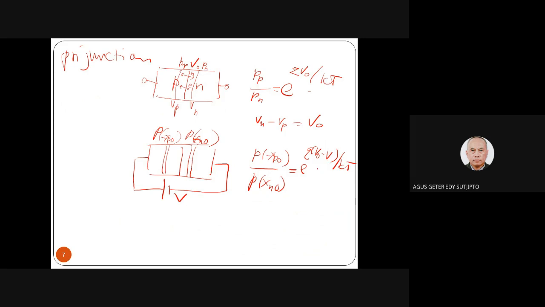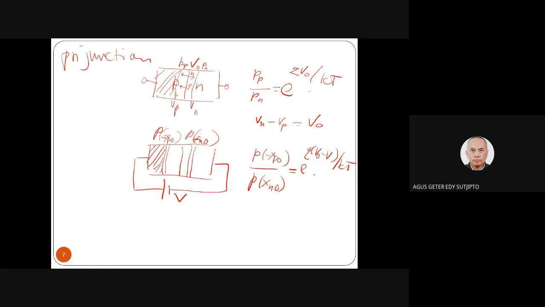Now we see the changing of the concentration of holes in the P region and in the N region. If we see here, for example, the concentration of hole in the P region is this one, and after applying the voltage, it becomes this one because of the changing of minus xp0.